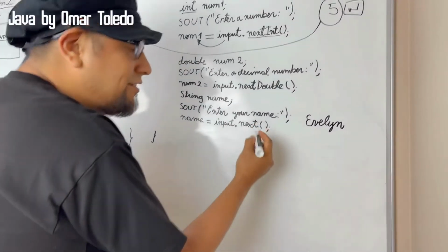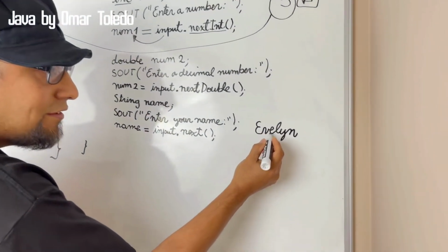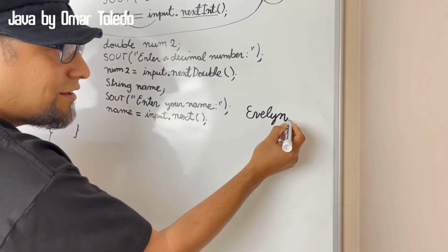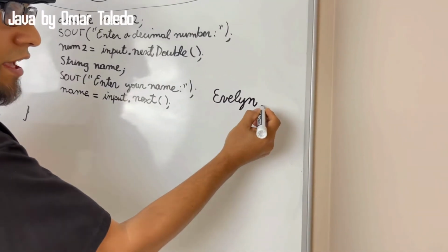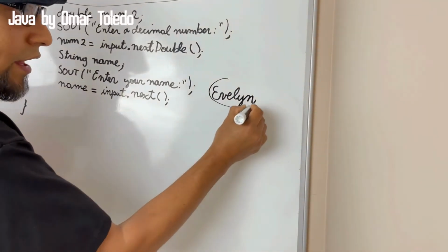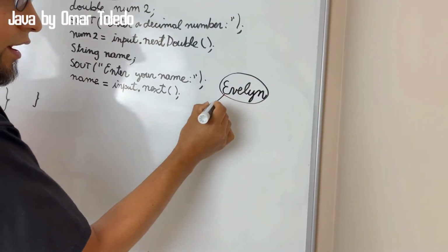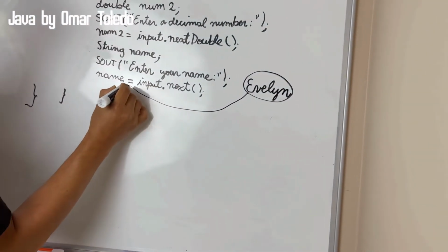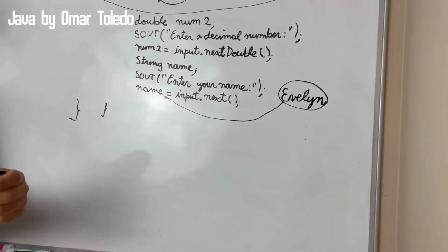Next is going to check the text, see that there is nothing coming after the end, so it's going to grab the text and store it in the variable name. This is how Java proceeds.